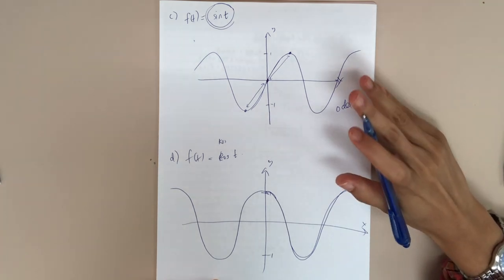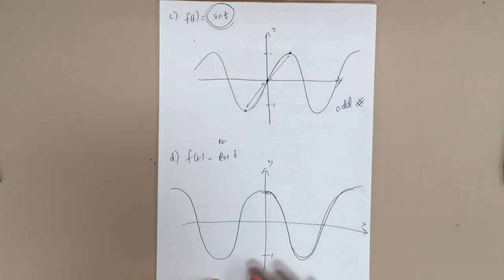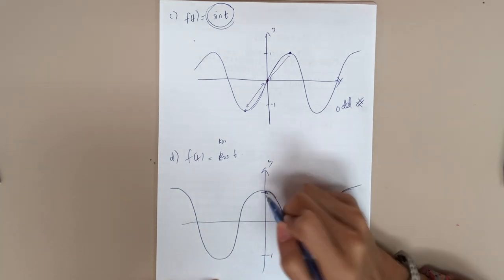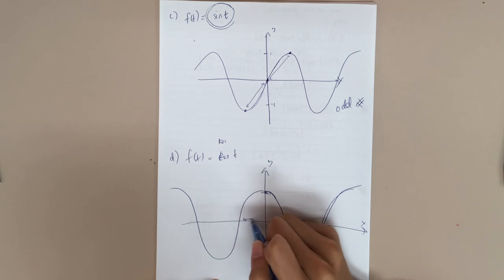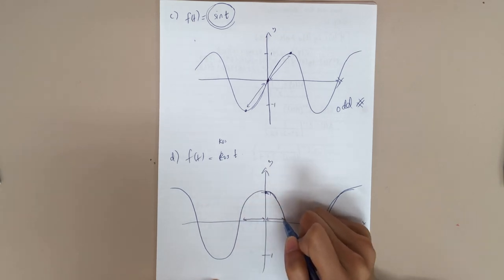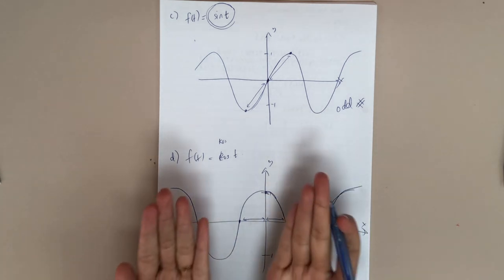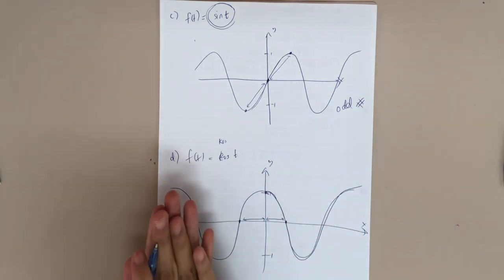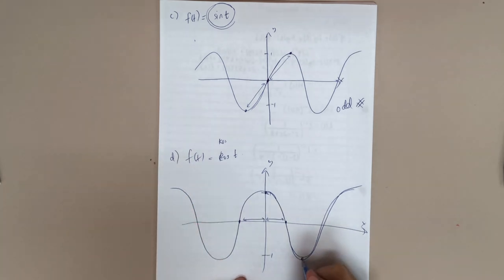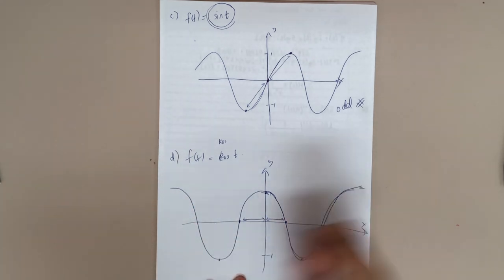Okay, so now we go to the last one. The last graph here is cos t. So cos t, you can see that this length and this length, or this point and this point, will touch each other if you flip it on the y-axis. And the same goes for the others.